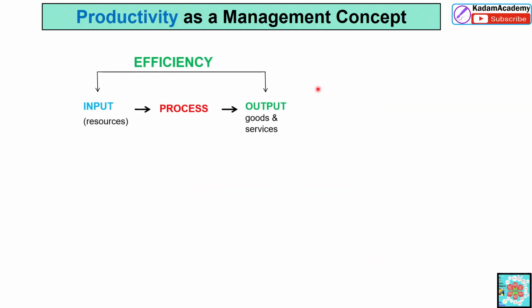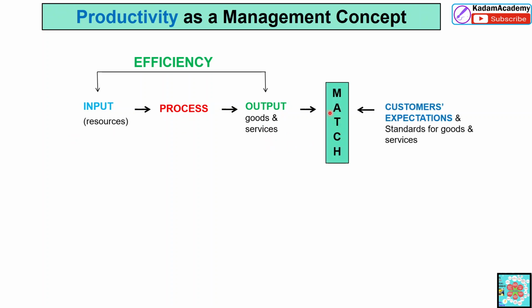So efficiency is what? Input and output related through the process, with resources and goods and services. Effectiveness is whether the goals are achieved or not, as expected from customer expectations and the standards of the goods and services you are providing. If it matches what is expected, that is your effectiveness.